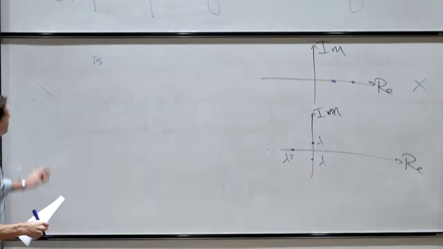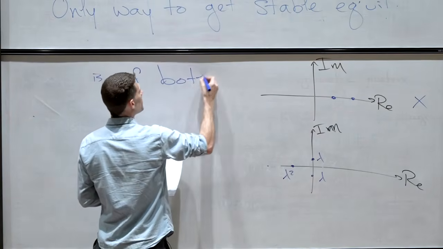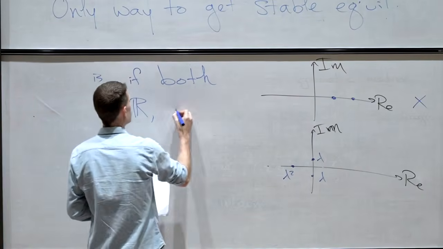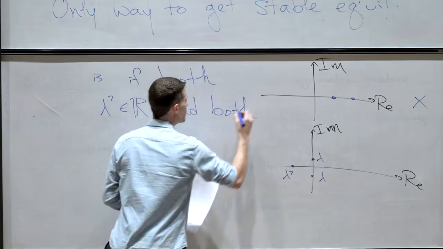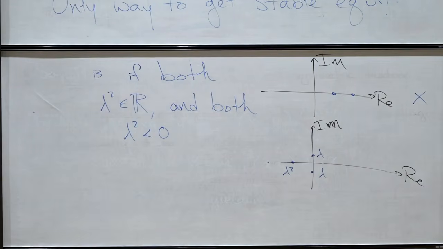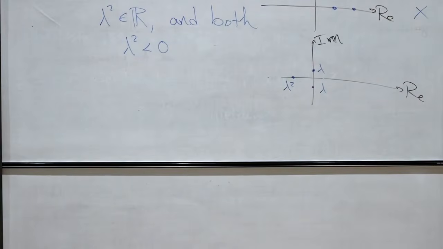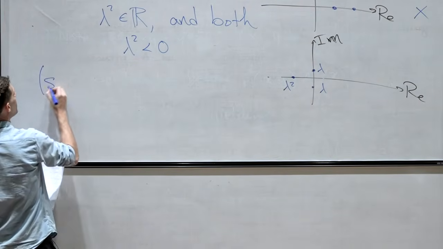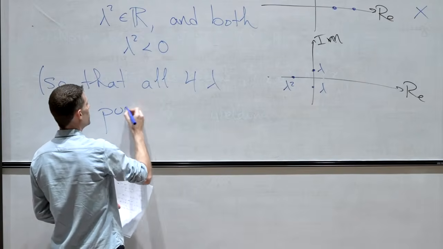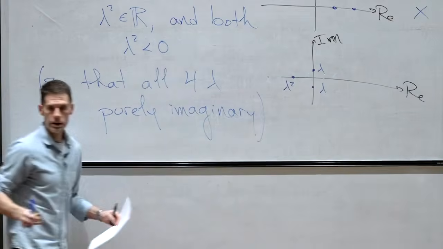So the only way to get a stable equilibrium is if both lambda squareds are real and negative, so that all four lambdas are purely imaginary.